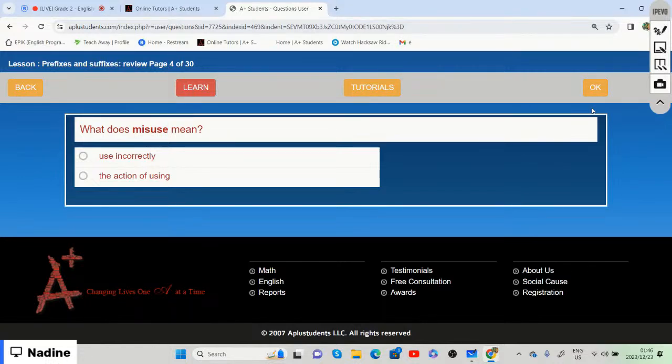And miss means incorrectly. All right, so we said miss is incorrectly, which means that we can say misuse means to use incorrectly.